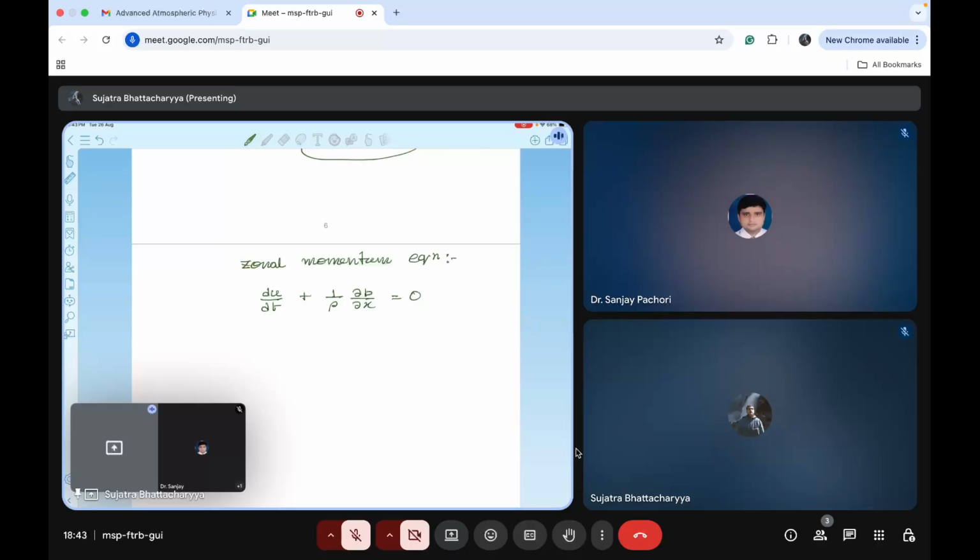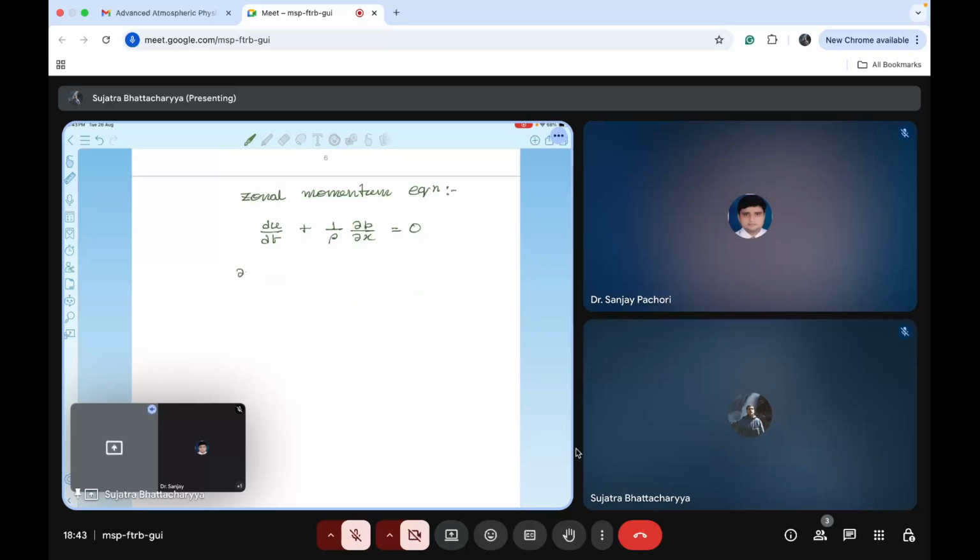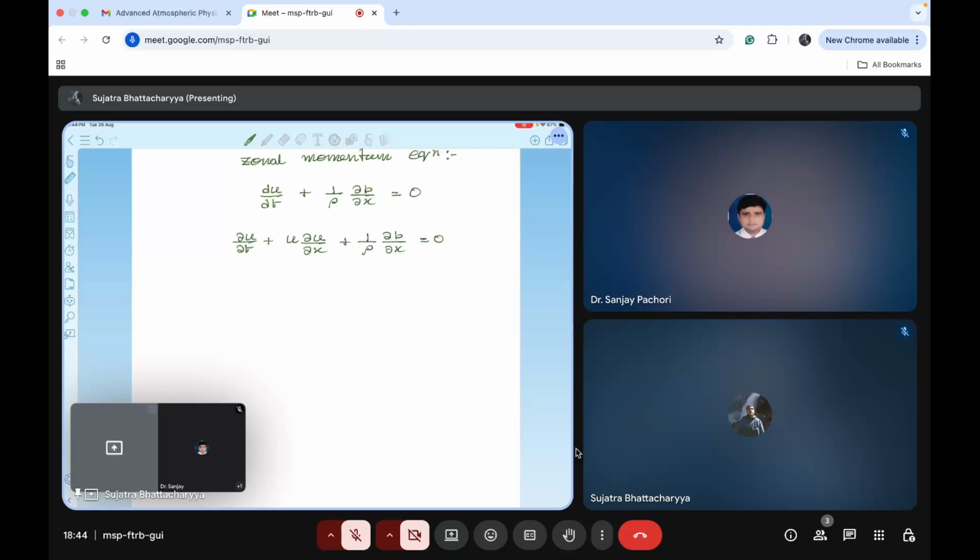This is the first equation, which can be written as ∂u/∂t plus u ∂u/∂x plus 1/rho ∂p/∂x. Why are other terms 0? Because v is 0 and w is 0. Okay, so you can get this. Fine. Next, the Coriolis term will also be 0 here because fv, if you remember, is also 0.